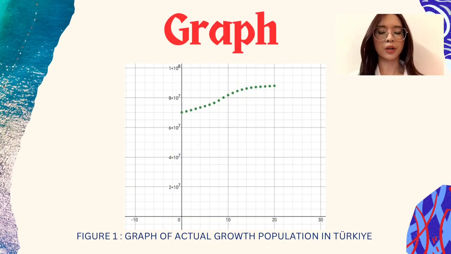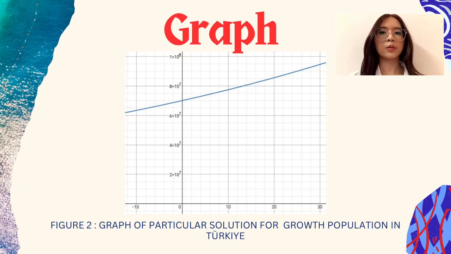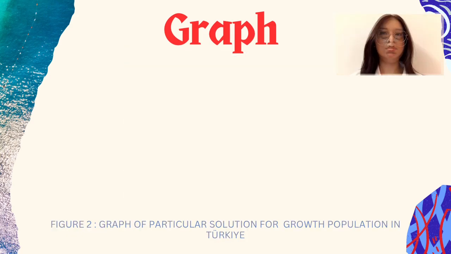Alright, moving on to the graph. For this graph, we have the graph of actual population in Turkey, plotted from the year 2006 to 2025, which is T0 until T10. Meanwhile, here we have the graph of the particular solution for population growth in Turkey.